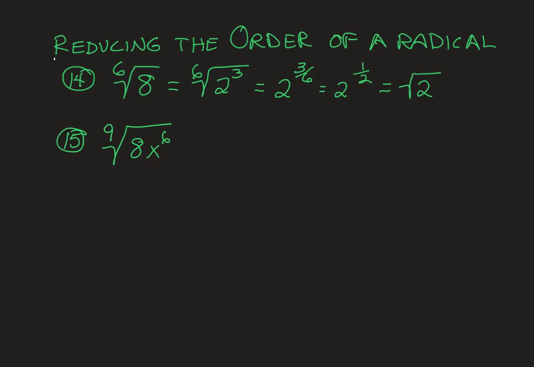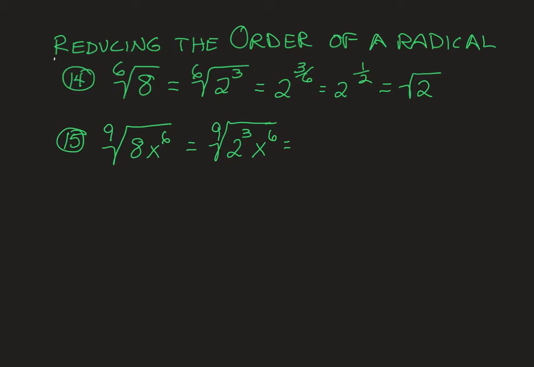Let's start there, and we'll get a more complicated one in a minute. Okay, so in this case, you would have a ninth root of 2 cubed. That's how 8 can be rewritten. We're going to leave x to the 6th as it is for now.